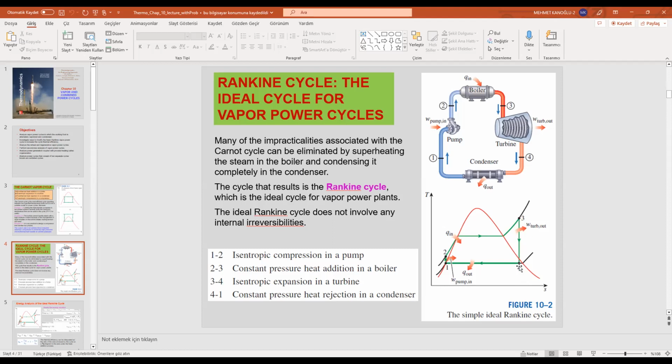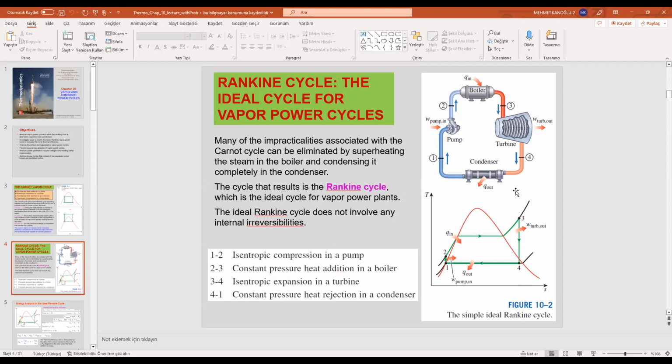And then at 4, this steam enters a condenser where heat is rejected at constant pressure to a low temperature medium. In reality, we use lake water or atmospheric air for the cooling medium in the condenser.